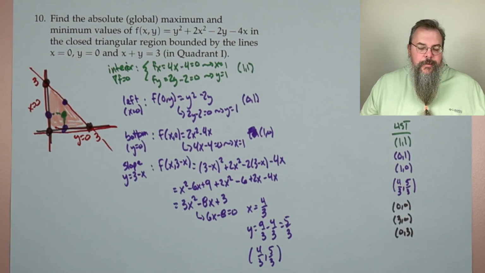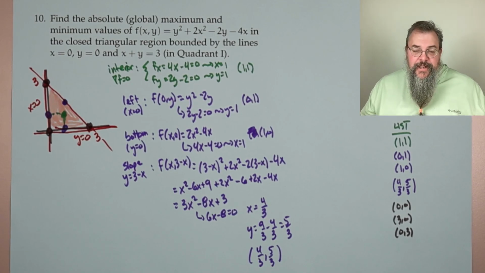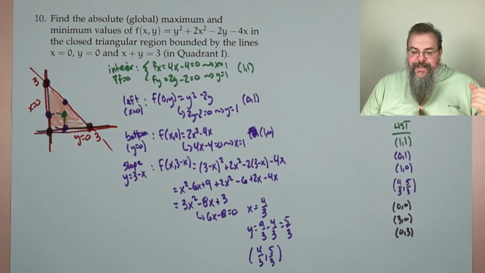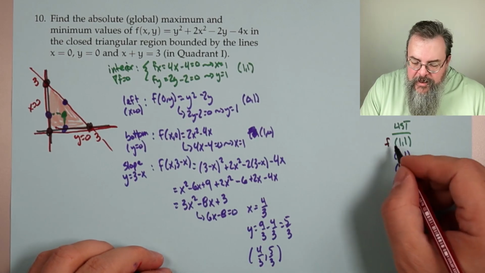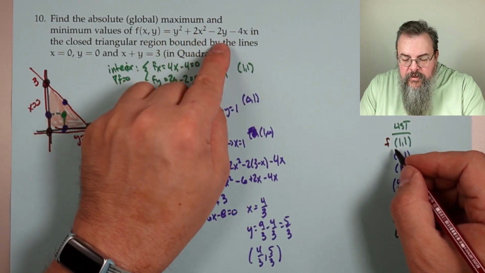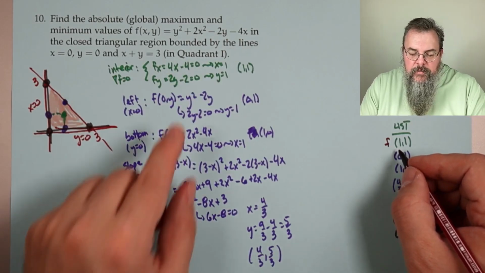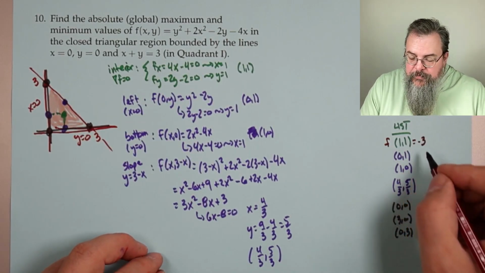Okay, well, let's test. So how do we test? We're going to plug each one of these points into our function. So we start with 1, 1. So we say, okay, 1 plus 2 minus 4. So that turns out to be 1 minus 4 is negative 3.